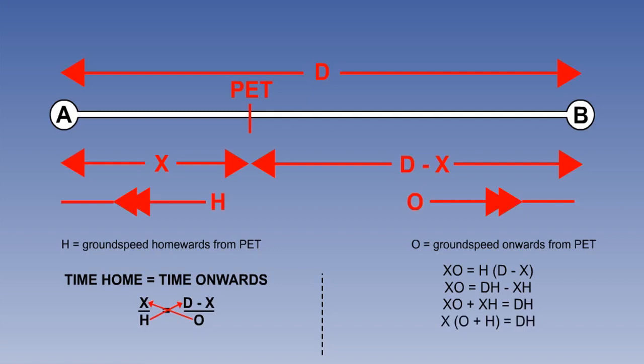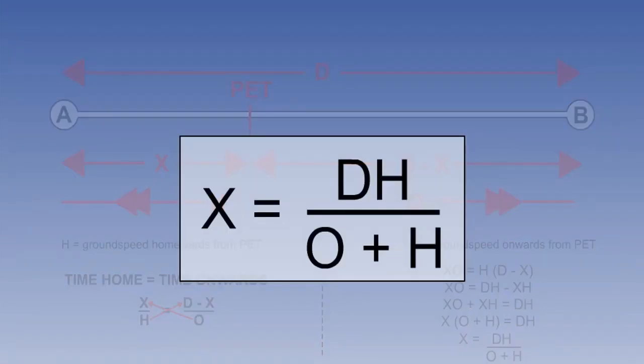Factorise the left-hand side to isolate x. And now divide both sides by o plus h. This gives the final equation x equals dh over o plus h. This is the one that you must remember. You will not be examined on the derivation which we have just shown.